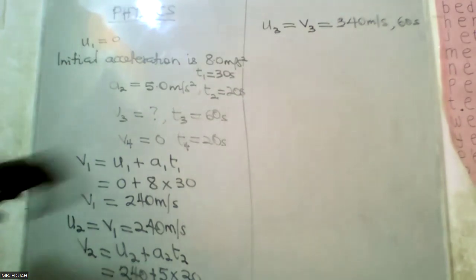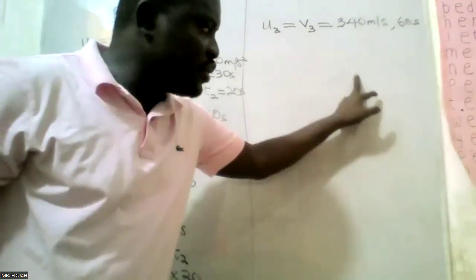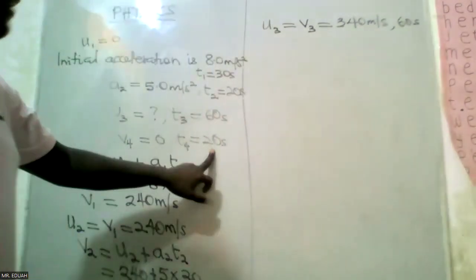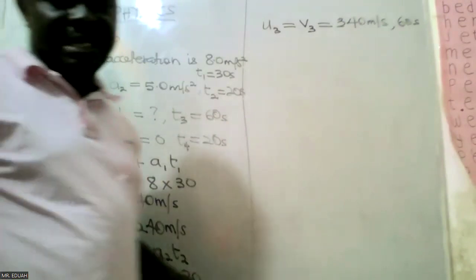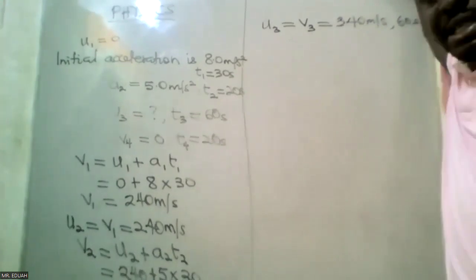Then from there was a uniform deceleration. This velocity V3 reduced uniformly till it got to 0 within a time interval of 20 seconds. That is what the question says.